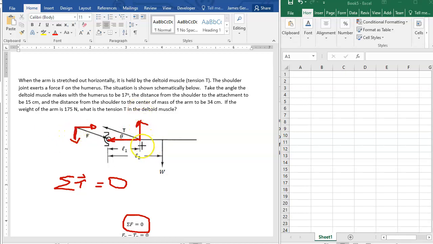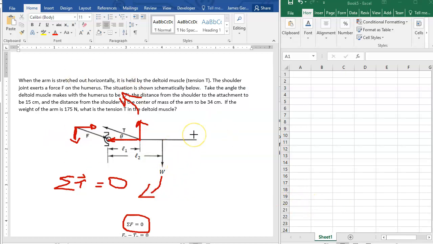And we're going to look at balancing the torque around that pivot point, which is due to the vertical component of the tension T here, trying to make it rotate that way, and the weight of the arm trying to make it rotate that way.